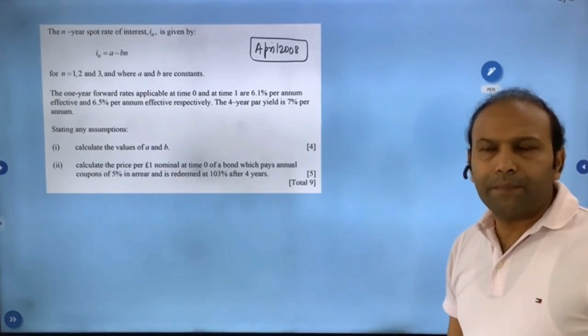Forward क्या कर रही हूँ? The 1 year forward rate applicable at time 0, मतलब 0, 1, 2, 3.